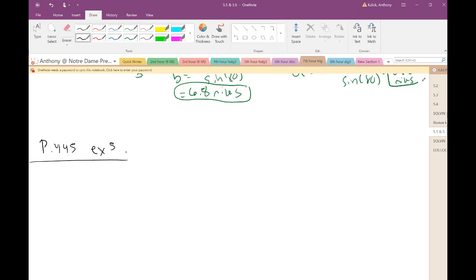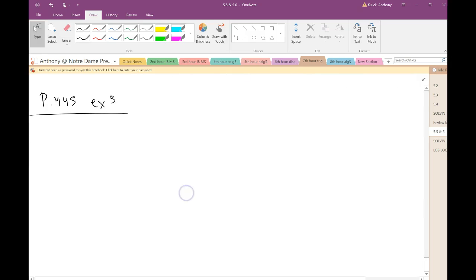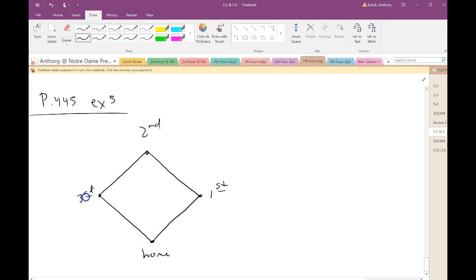Okay, so let's draw ourselves a picture. A baseball diamond, hopefully we all kind of know what that looks like, right? So this is home, first, second, and third, right? And it tells us that each of these bases is 90 feet apart. So those are all 90. And the pitcher's rubber is here.